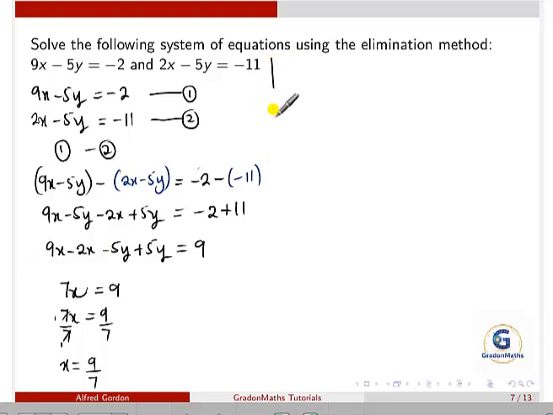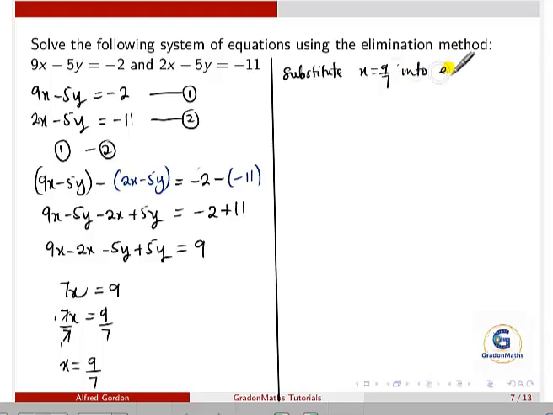Let's go ahead and find the value of the other variable y. So we substitute x is equal to 9 on 7 into an equation. Which equation?